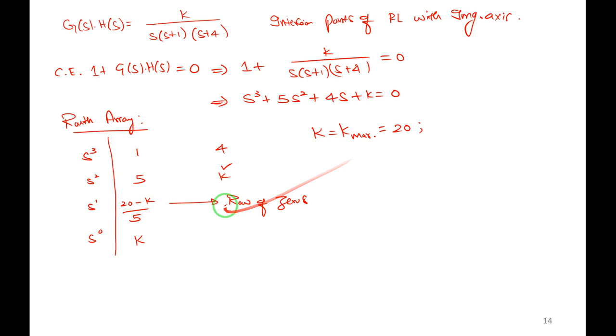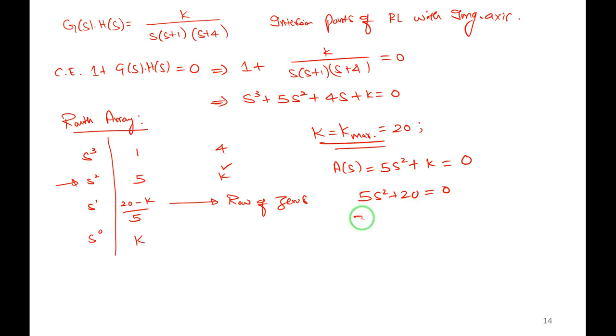So next, just above the row of zeros, we will form the auxiliary polynomial A of S. Just above the row of zeros means this one: 5s square plus K into S power 0 equated to 0. Substitute K equal to K marginal, so I'll substitute this K value as 20. 5s square plus 20 equal to 0.